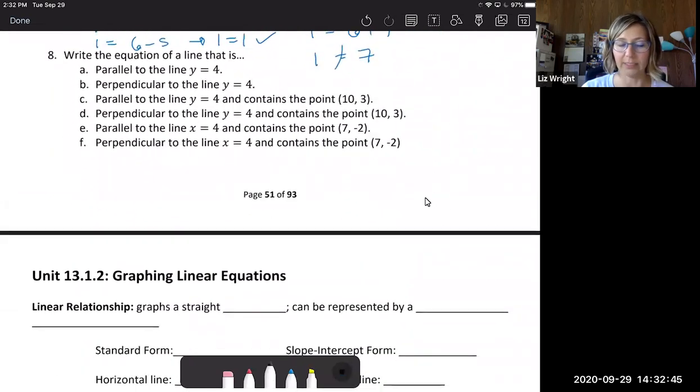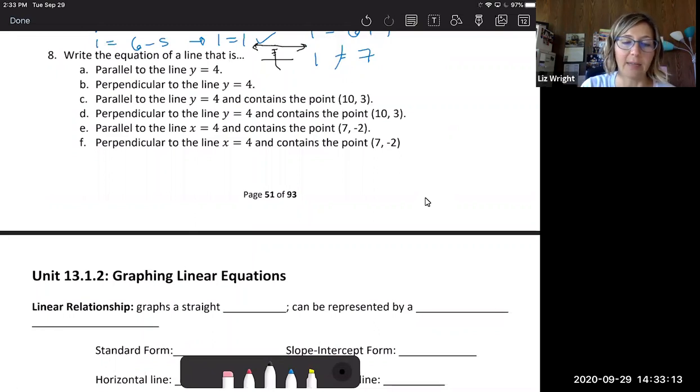All right, let's look at this last example. It says, write the equation of a line that is parallel to the line y equals 4. Well, what I hope you remember is that the line y equals 4 graphs a horizontal line at y equals 4. So if you draw yourself like a little postage stamp graph at y equals 4, 1, 2, 3, 4, it's going to go across there.